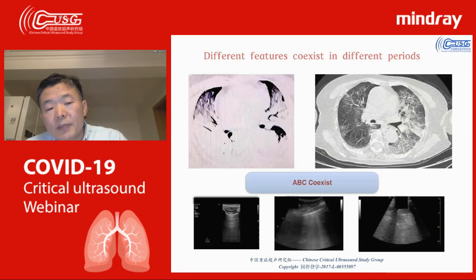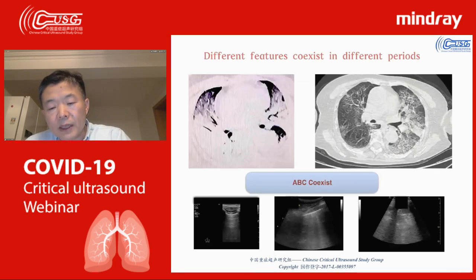But in the middle part, you will see infiltration, B lines, irregular pleural lines. In the lower part, or in the patient's backside, some parts may become consolidation, or you can see pleural effusion or airway bronchogram, static or dynamic. It's different, but you can see this in the same patient.